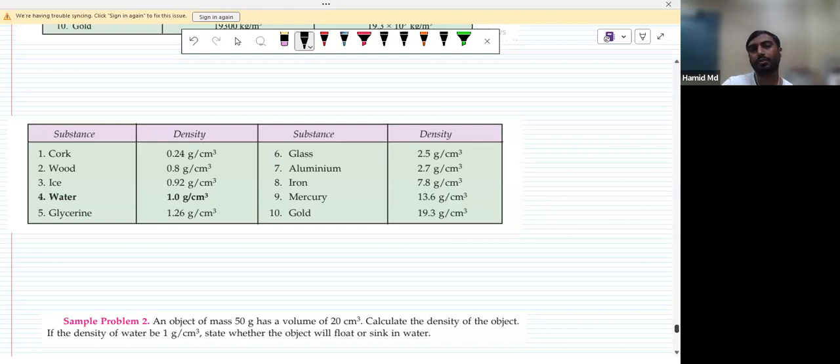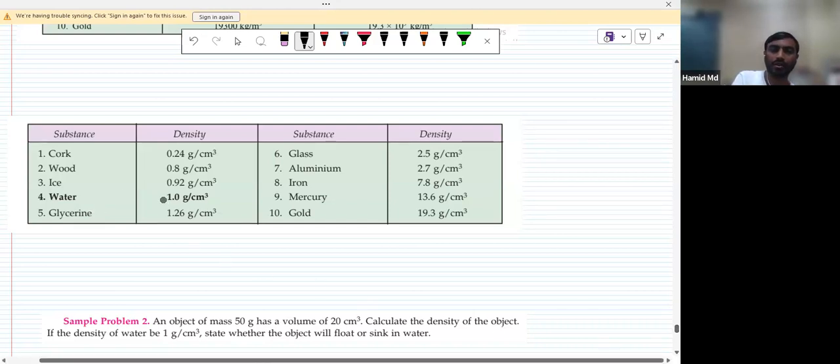So this is only a change in units. In meter it was 1000, in gram it is 1 gram per centimeter cube. On the basis of that, this question is being asked.